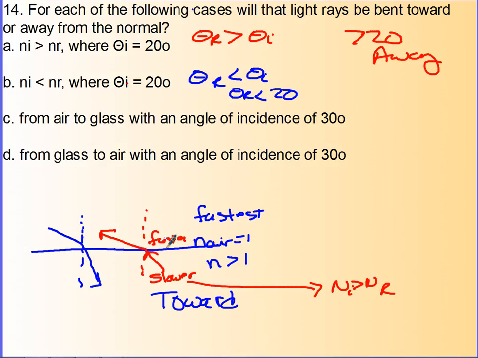If Ni is less than Nr, it would be toward. I have to figure these out myself. Okay. From air to glass, it's going to be bent toward. From glass to air is this direction right here. So it's going to be bent away.